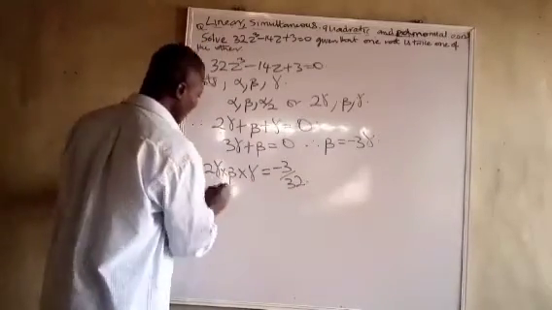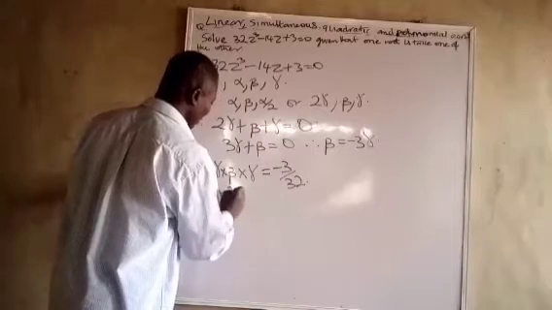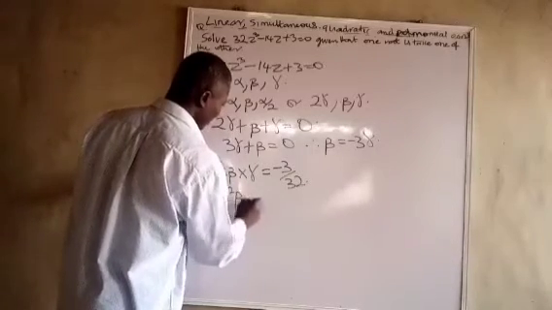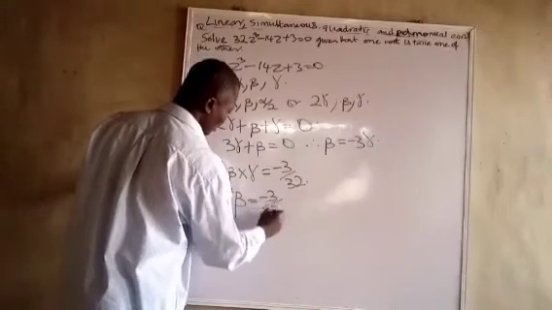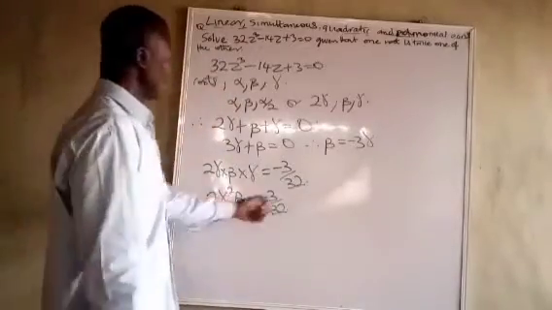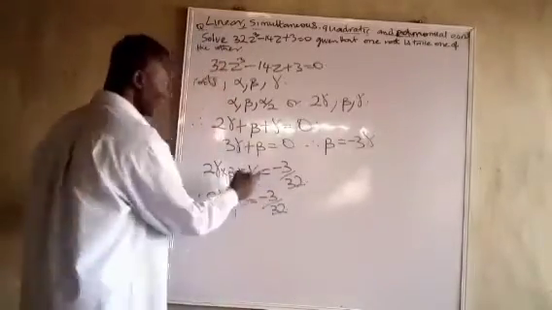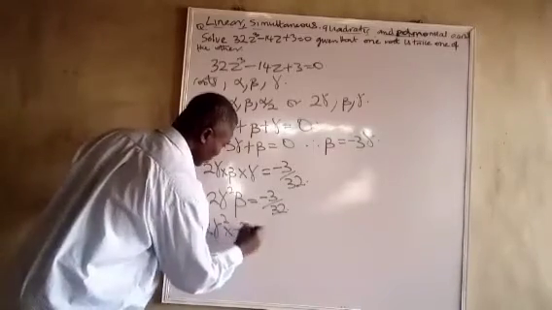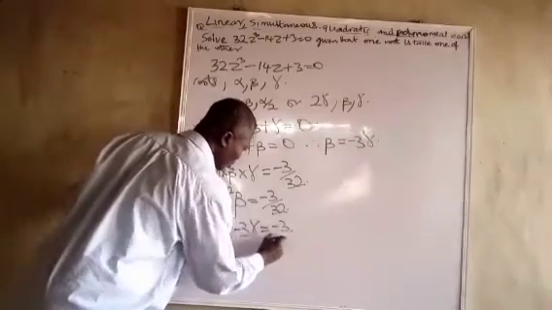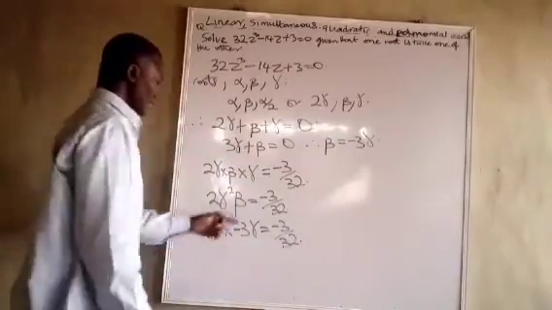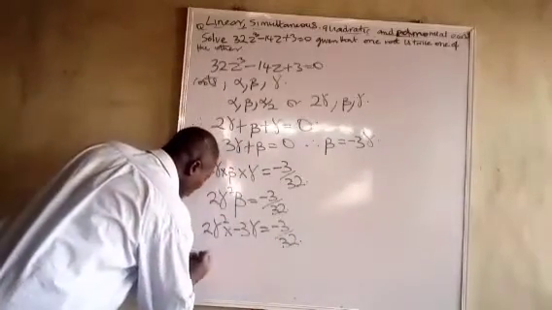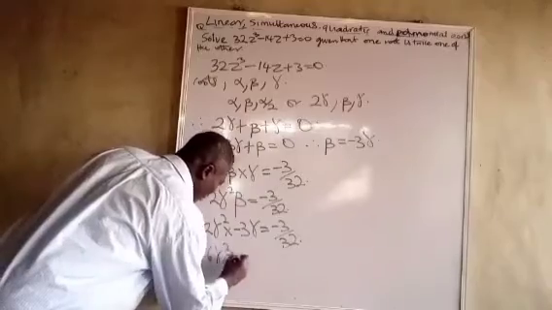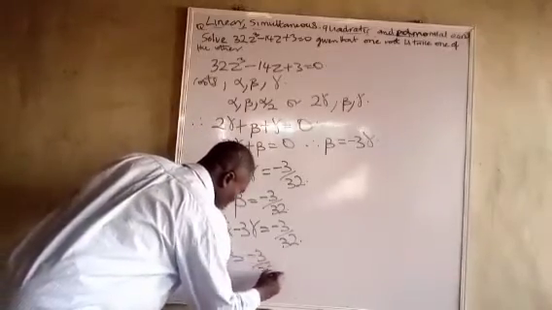Therefore, 2 gamma squared times beta is equal to minus 3 over 32. But we also know that beta is minus 3 gamma, so let's impute it here. So we can see 2 gamma squared times minus 3 gamma is equal to minus 3 over 32. And I can now say minus 6 gamma cubed is equal to minus 3 over 32.